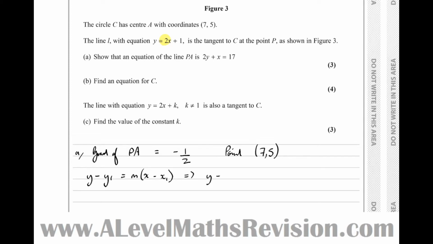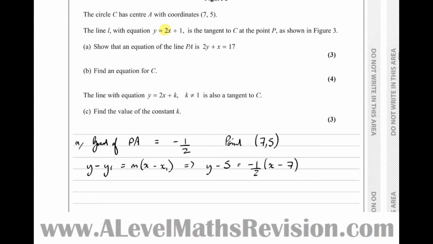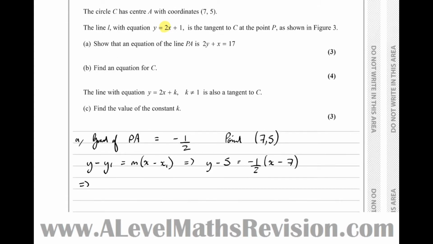So y minus y1 equals m(x minus x1). Which implies, multiplying both sides by 2 here, we get 2y minus 10 equals minus 1(x minus 7), which means that 2y minus 10 equals minus x plus 7.